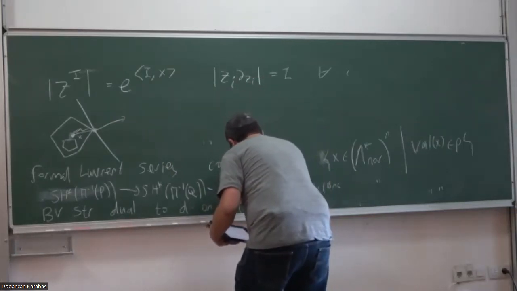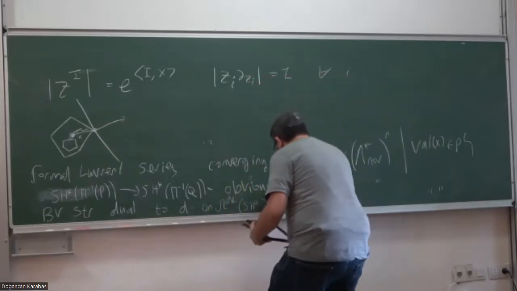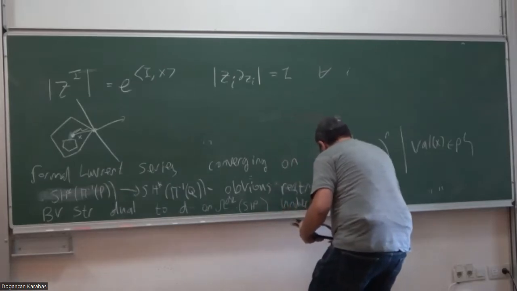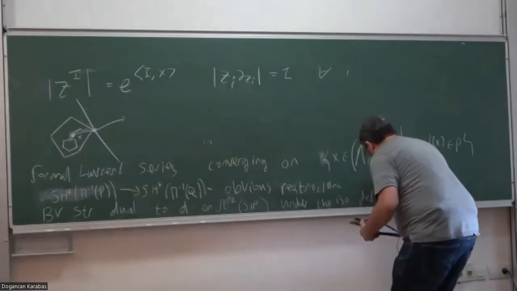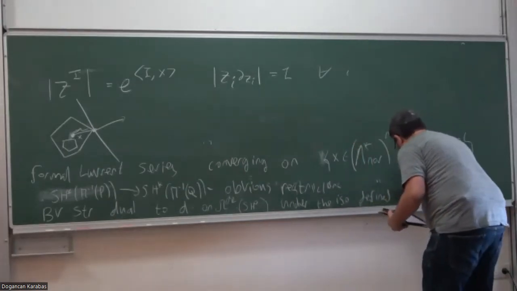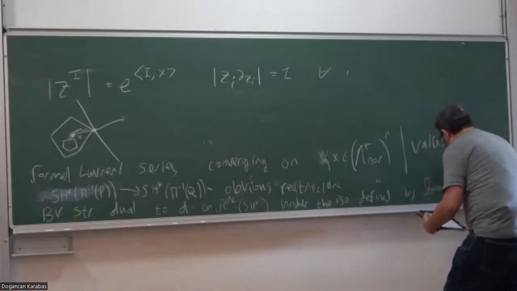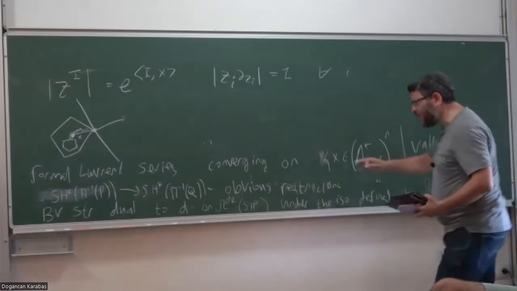Basically, in this case, it's going to be SH0 under the isomorphism defined by omega equals dz1 wedge ... wedge dzn over z1 times ... times zn. So maybe this is a little complicated sentence.